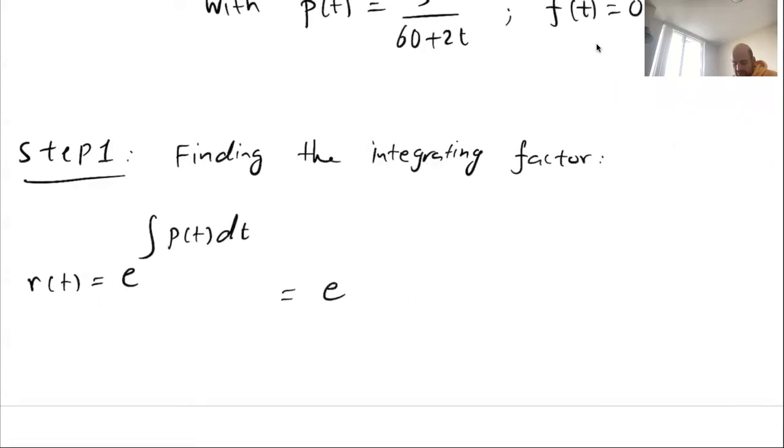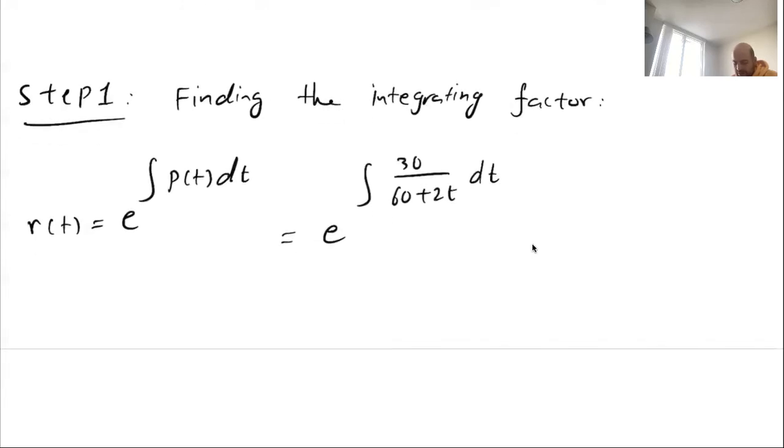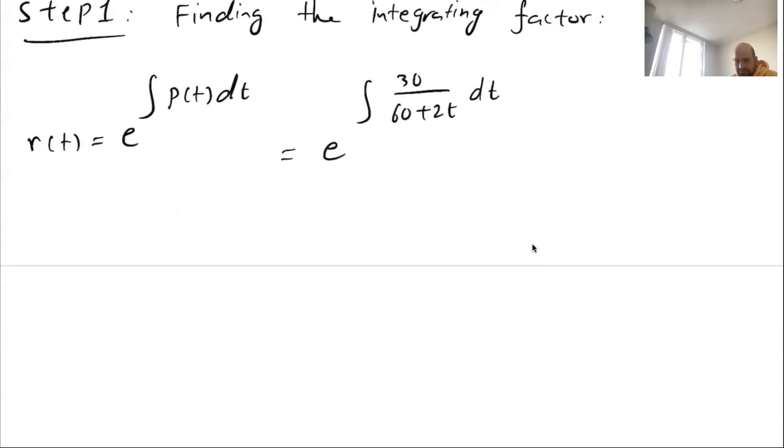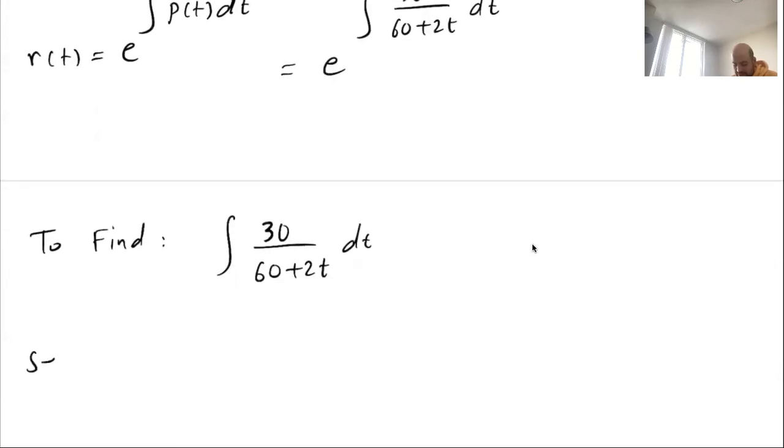So that's going to be e to power integral 30 over 60 plus 2t dt. And so if you want to find this integral here, to find integral 30 over 60 plus 2t dt, let's use substitution.